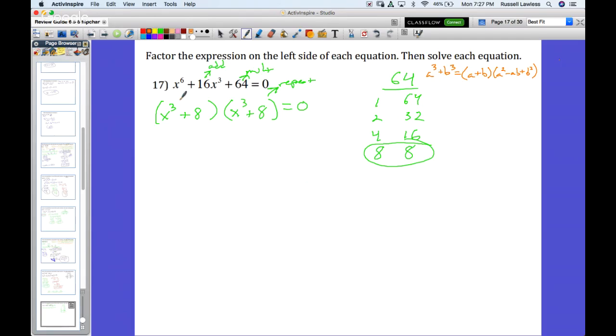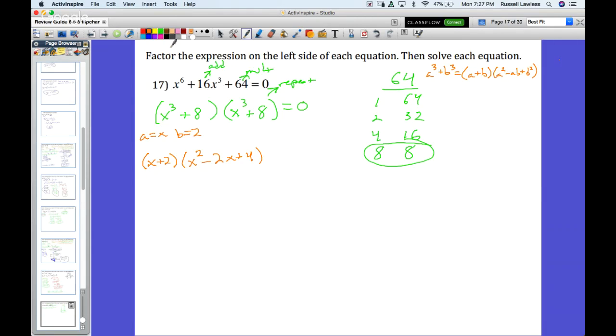If I solve for one of them, I'm fine. It just means all my answers will have a multiplicity of 2. So when I solve, I'm going to have a as my x value, b will be 2, and so that will be x plus 2 times x squared minus 2x plus 4.